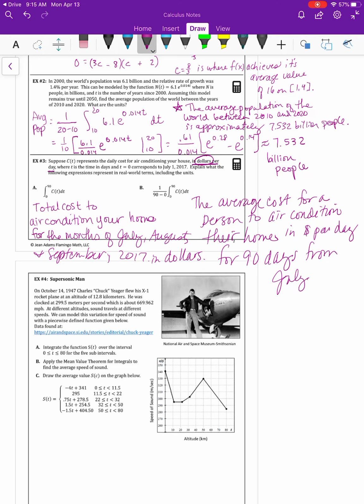Okay, so example number 4, Supersonic Man. On October 14th, 1947, Chuck Yeager flew his X-1 rocket plane at an altitude of 12.8 kilometers. He was clocked at 299.5 meters per second, which is about 669.962 miles per hour. At different altitudes, sound travels at different speeds. We can model this variation for speed of sound with a piecewise defined function given below.